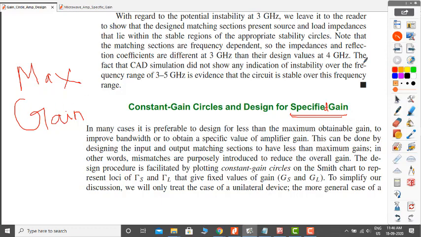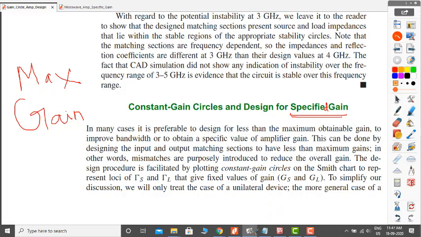The reason is sometimes we have to design an amplifier with a gain which is less than the maximum available gain to ensure the bandwidth. So that is the reason why we design an amplifier with a lower gain than the maximum available gain. How are we going to get the lower gain?